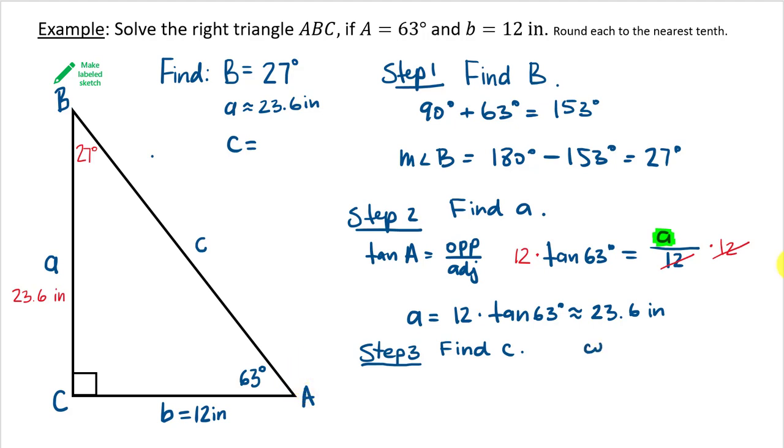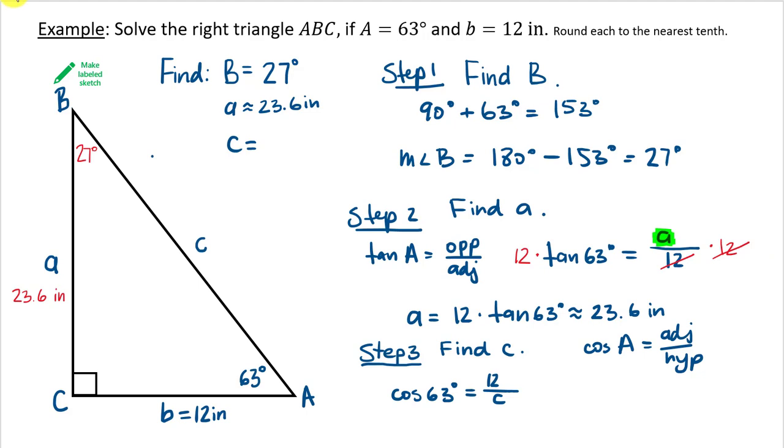We know that cosine of angle A is the adjacent side over hypotenuse. Now, angle A is 63 degrees, so cosine of 63 degree angle is adjacent side 12, and hypotenuse is C, the unknown side. Same as in step 2, first I'd like to get C, the unknown side, by itself.